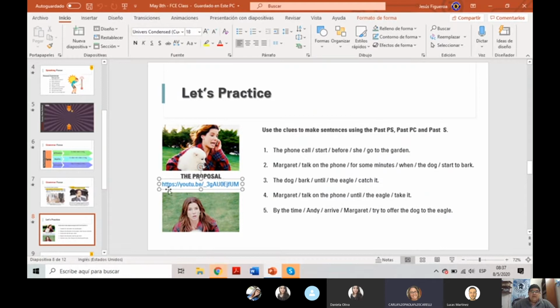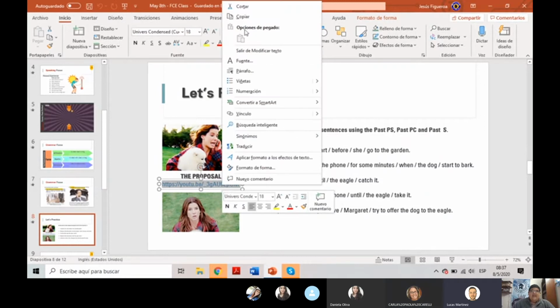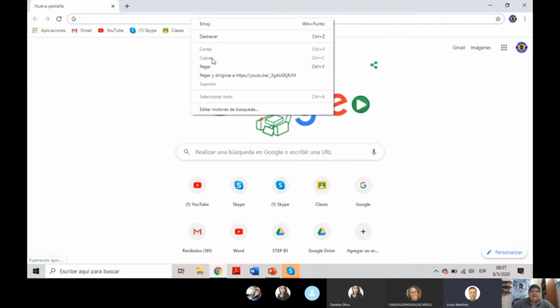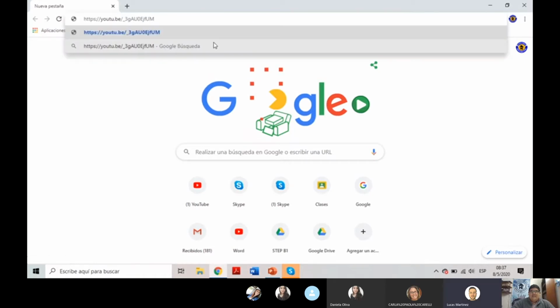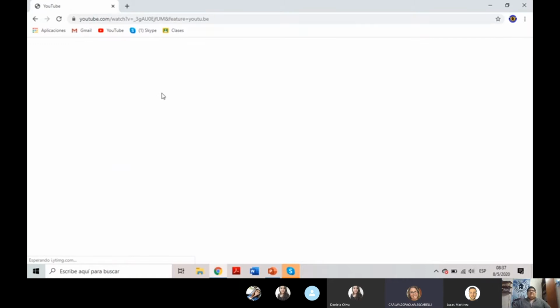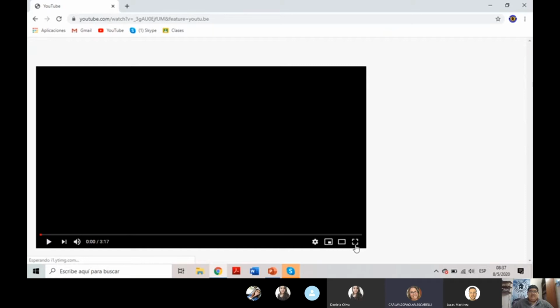Hacer clic con el mouse. No. Try with right click. I'm going to cut and paste. So there it is.